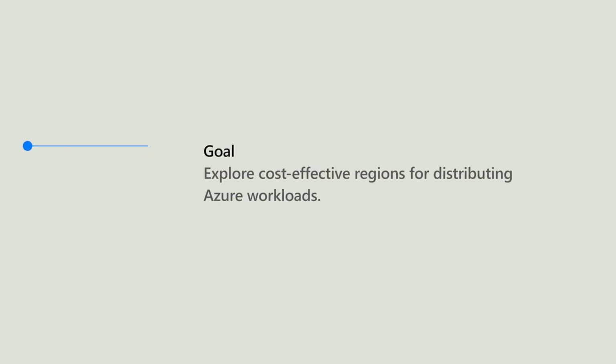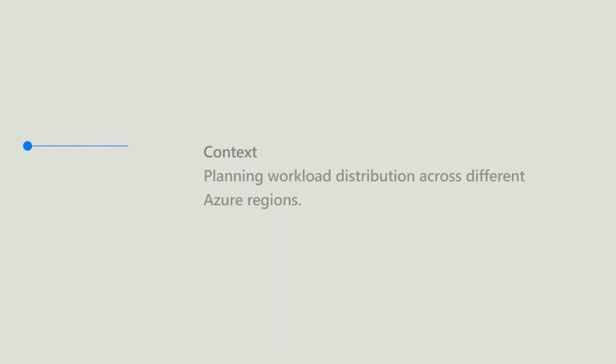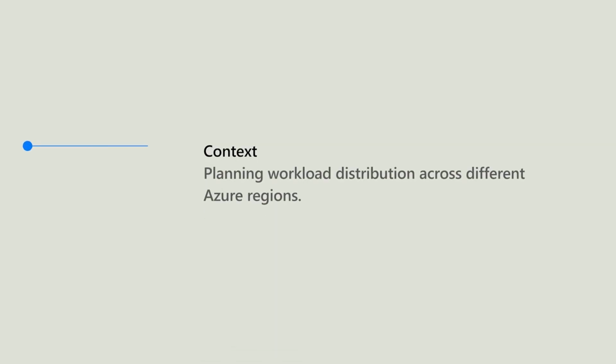Just as before, you need the goal, context, expectations, and source. By now, you realize that the goal defines what you want to achieve. In this case, you want to explore cost-effective regions for distributing Azure workloads. And what about the context? What's the situation?